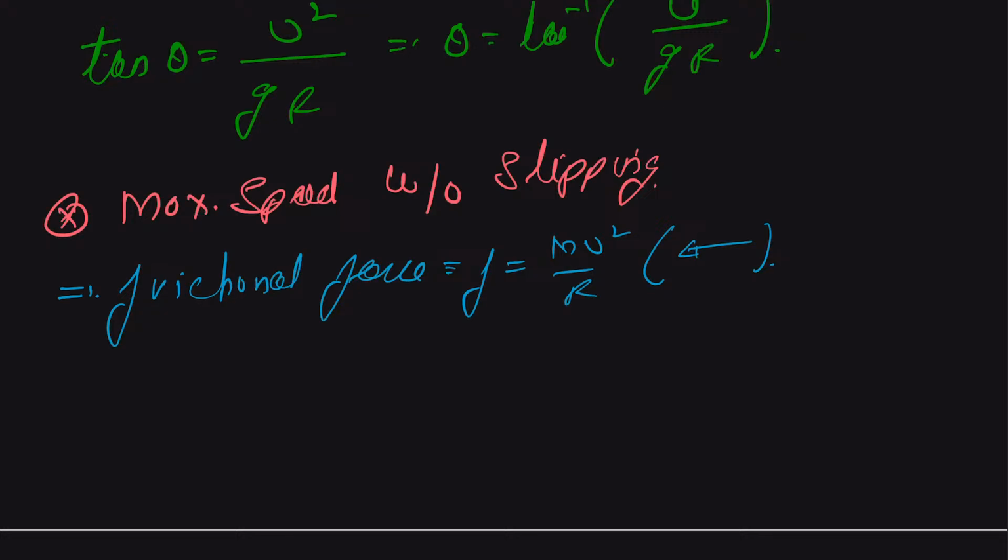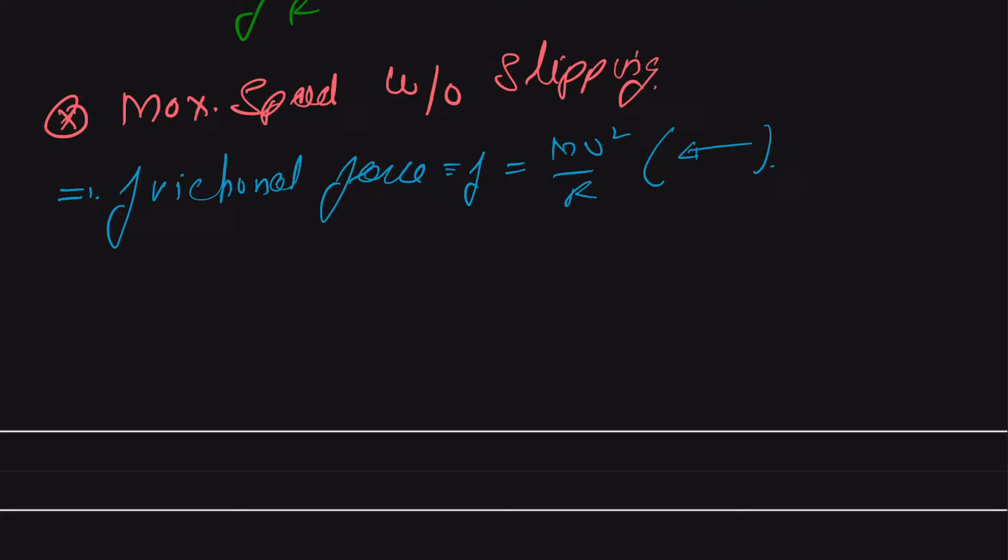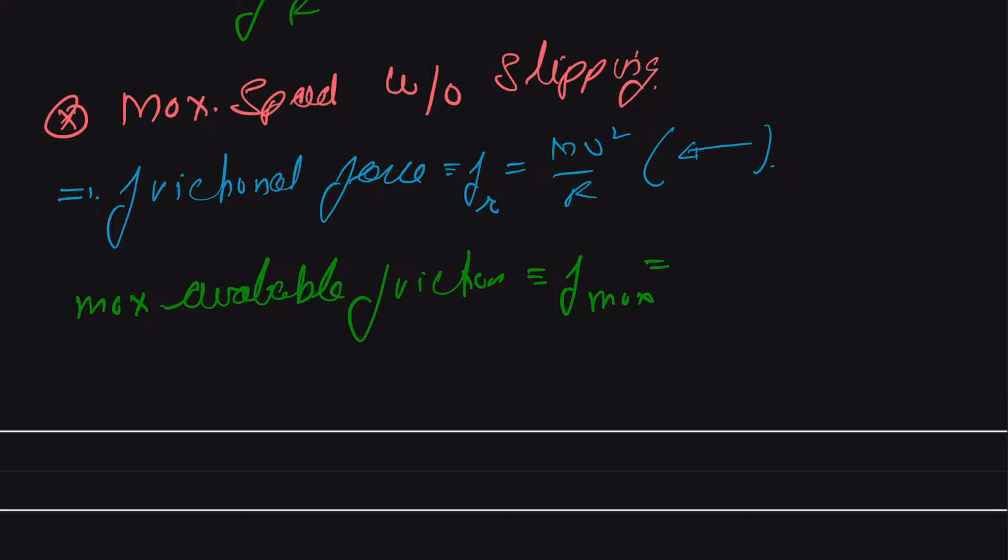and the maximum value of friction, so this is our frictional force F, that is F of r, and the maximum available friction, let us suppose, is F max, and that will be equal to mu times N, or we can say mu times mg.